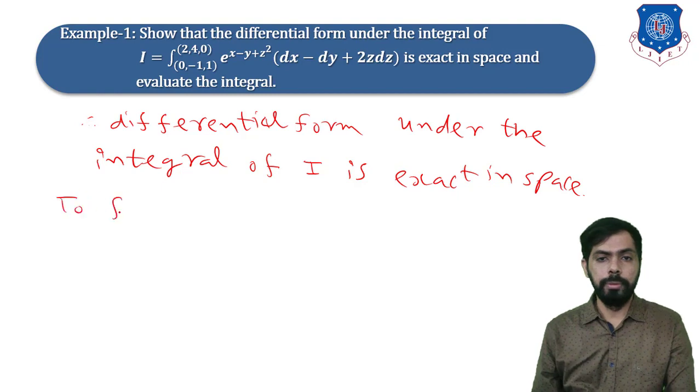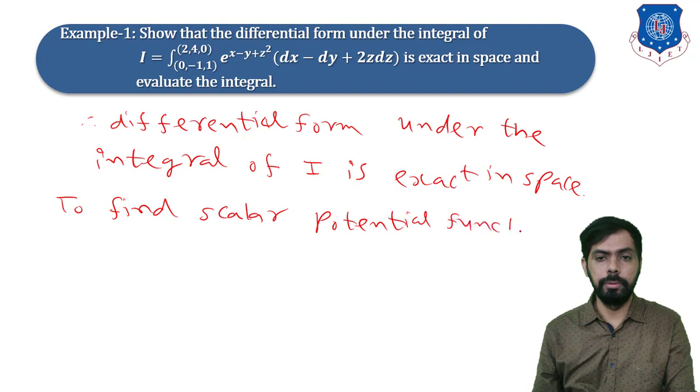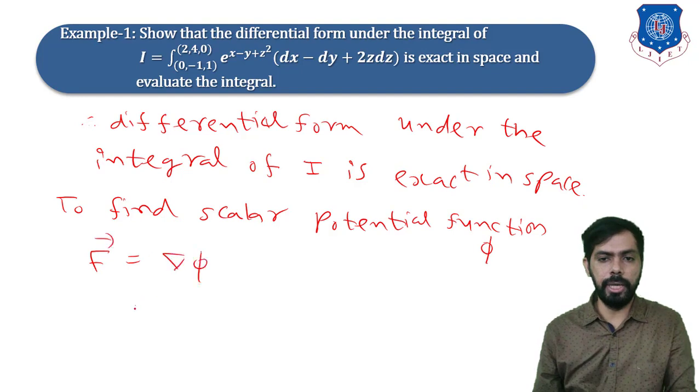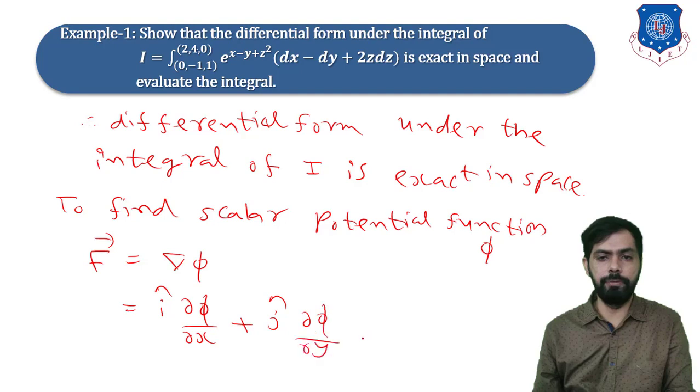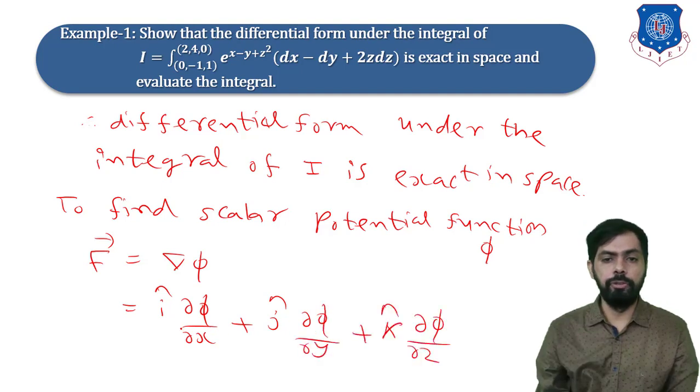So to find the scalar potential function, f is equal to gradient phi, that is i del phi by del x plus j del phi by del y plus k del phi by del z. Therefore here if we compare the ith component, here the ith component is del phi by del x, and here the ith component is e raised to x minus y plus z square.